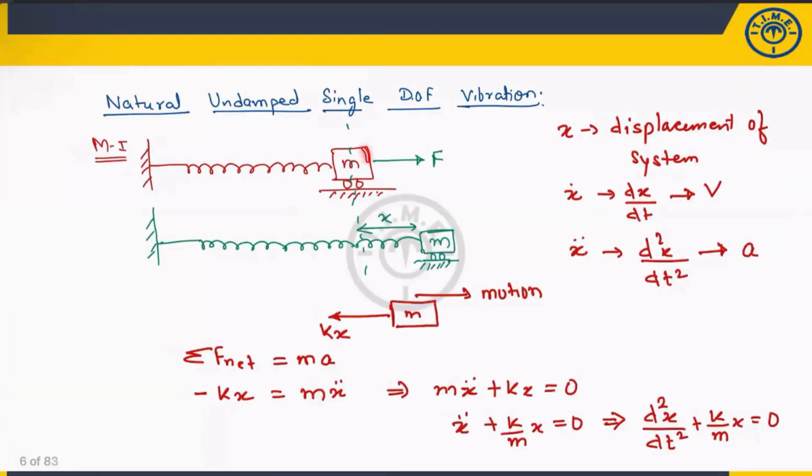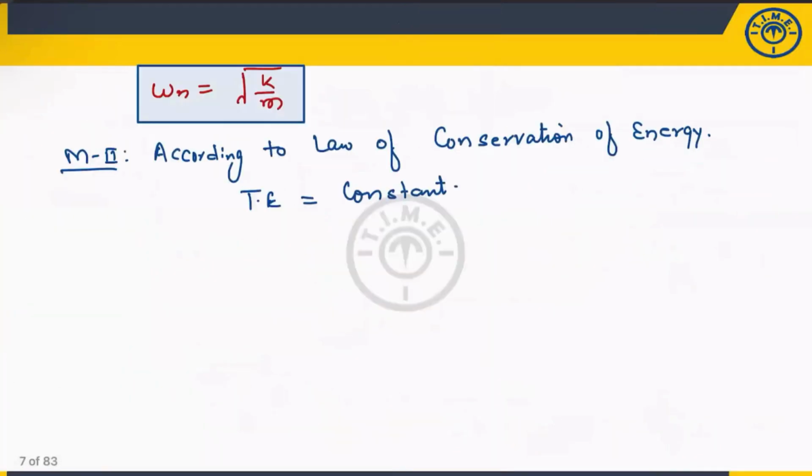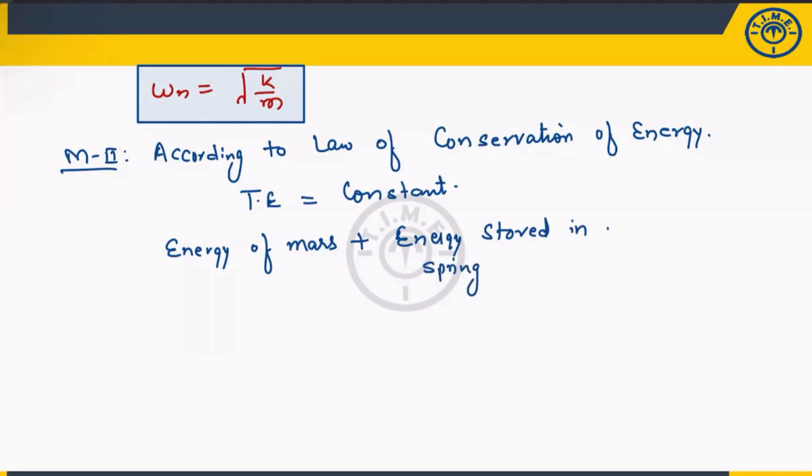First of all, energy is stored in the spring as well as the mass. Only two components are there. So can I write energy of mass plus energy stored in the spring is constant?